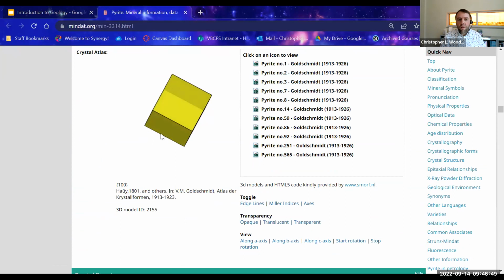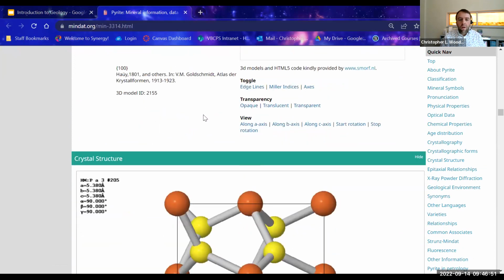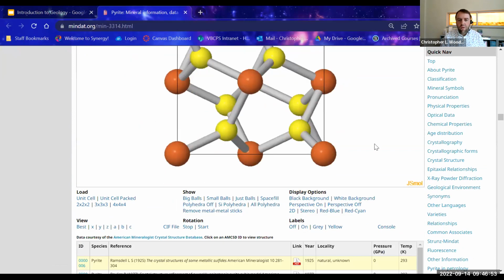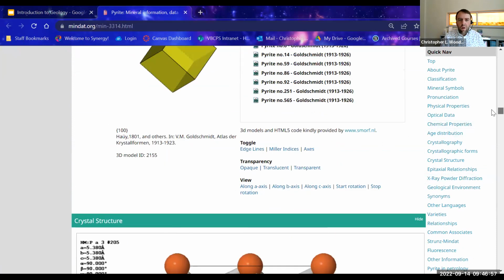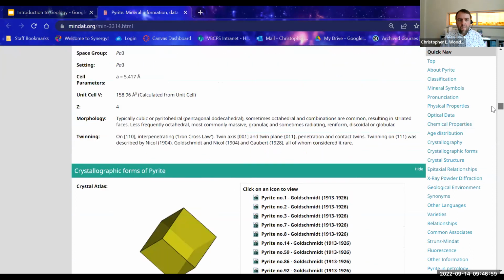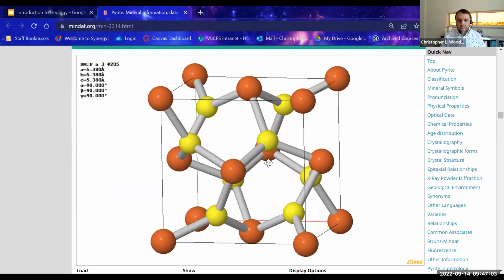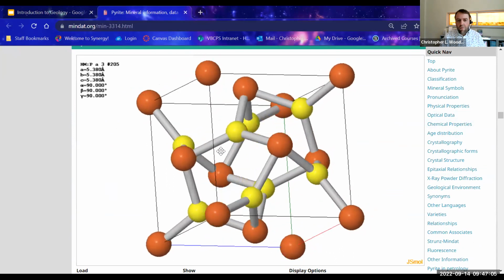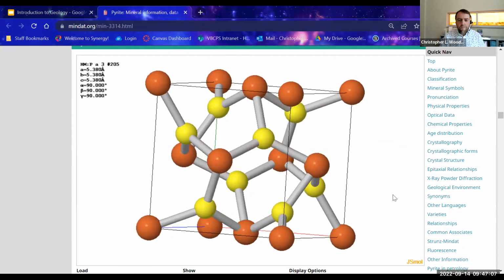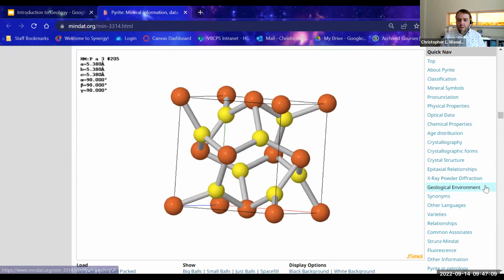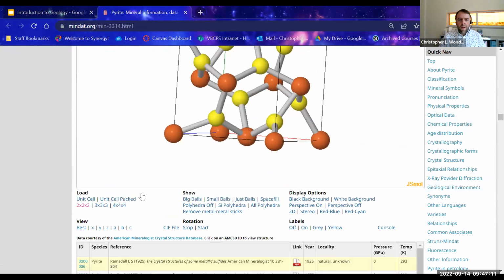So you'll see pyrite is basically a cube. And how that works is pyrite is a combination of just 2 elements, iron and sulfur. So that iron and sulfur repeats itself in a geometric pattern over and over and over again. So I can zoom out and make it a little bigger.